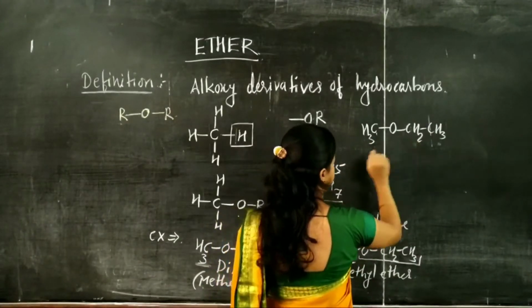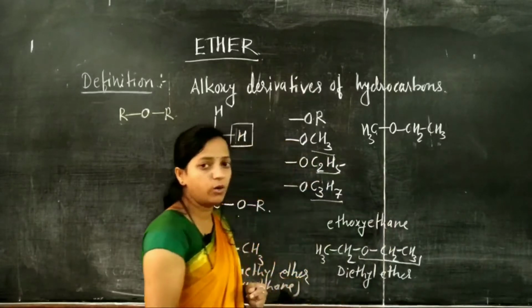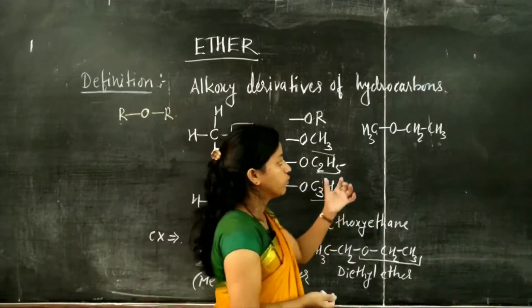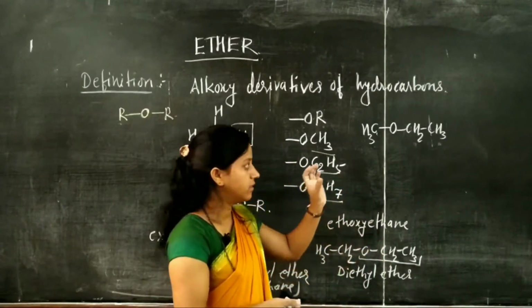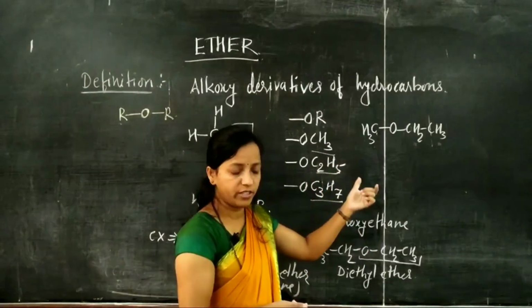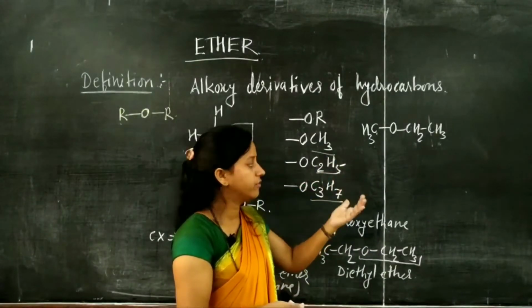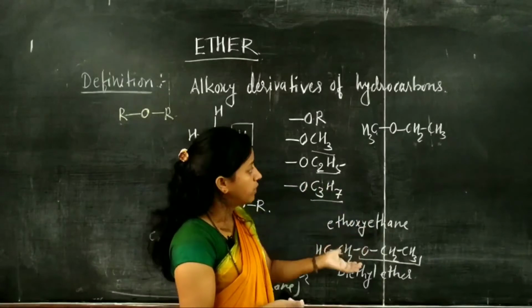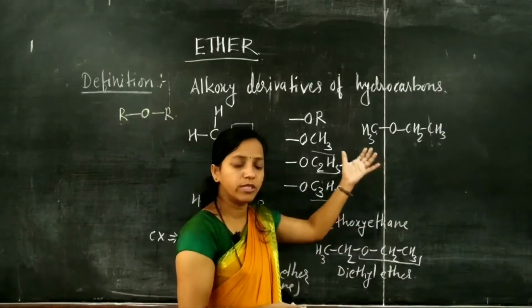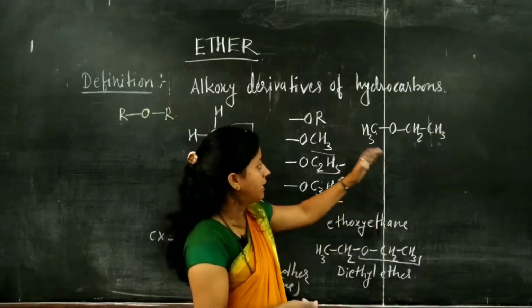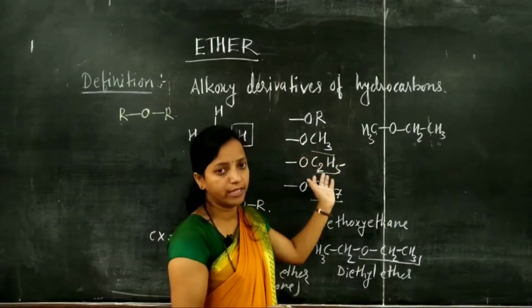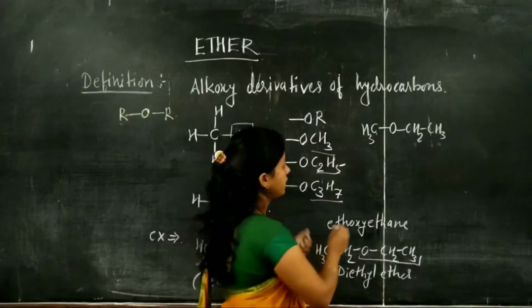So in this case, how do you write the IUPAC name? We have to consider the carbon chain which has the higher number of carbons as the root word, and the remaining chain we take as the prefix.